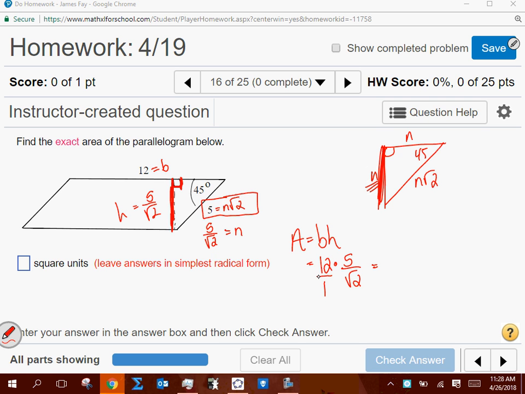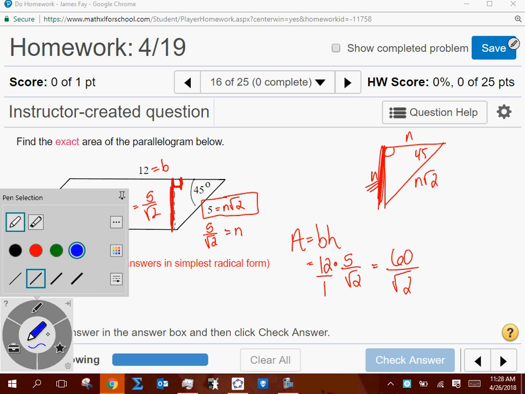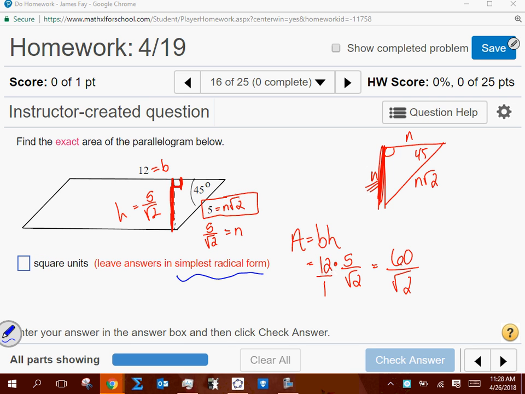When I'm multiplying a fraction and whole numbers or integers, I put the whole number over 1, so I realize the 12 and the 5 get multiplied together, giving me 60, and the 1 and the radical 2 get multiplied together. Now, is that my best answer in simplest radical form? No. I need to rationalize this.